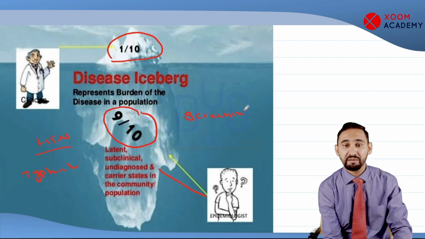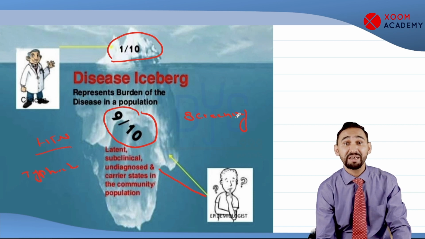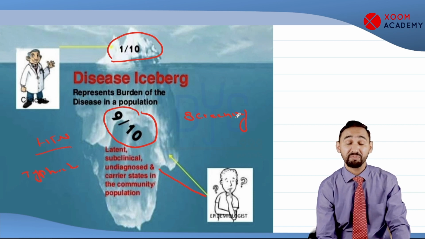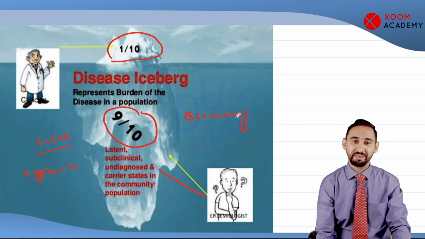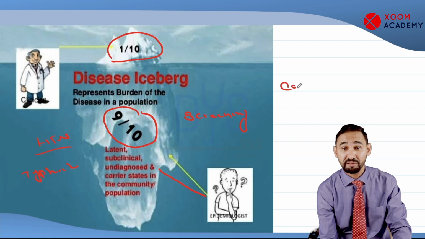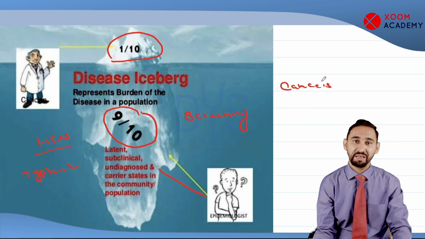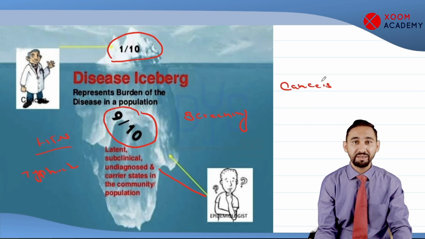Screening is done for early diagnosis. Once the cases are diagnosed at earlier stages, prognosis is good. Otherwise, these cases are diagnosed at later stages, like in cancers. Most of the cancers are diagnosed at stage 3 or stage 4 when they become obvious. Then their prognosis is poor.